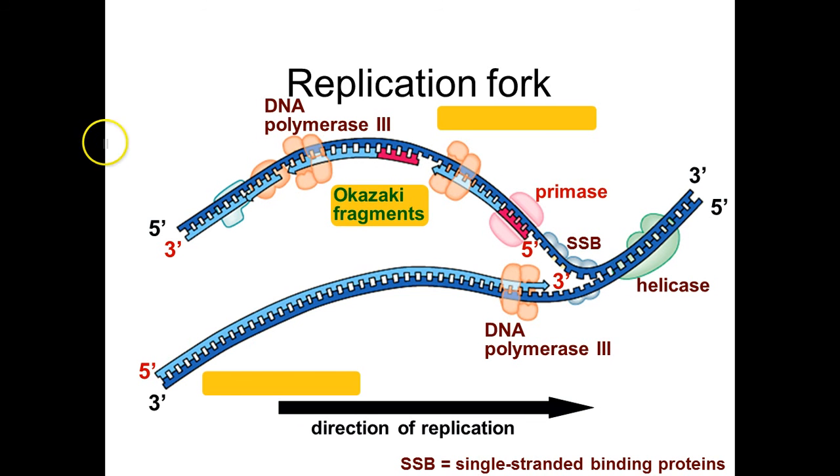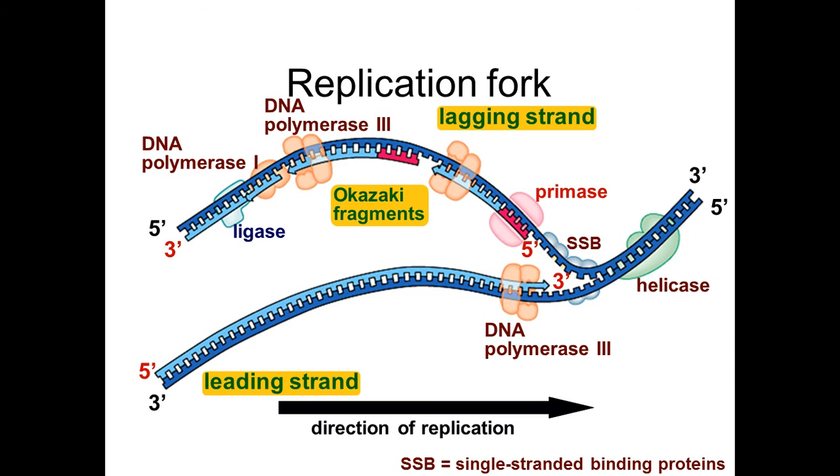And because the lagging strand has to work in chunks, go a little bit and then back up, go a little bit and then back up, those are called Okazaki fragments. And the ligase is what continues to kind of bind those chunks together. Polymerase 1 is proofreading the process, and you have the leading strand and the lagging strand.